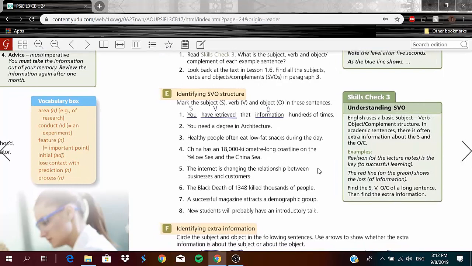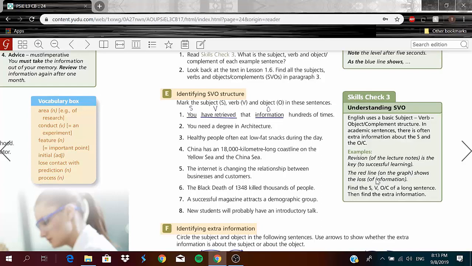So examples, you guys remembered when we said revision is the key. There are extra information, it's just hidden. So here revision of the lecture notes, obviously, is the key, obviously, to successful learning, right? So hidden information that you don't usually read. Then we have the red line shows the loss. The red line, where's the red line? It's on the graph, shows the loss of information.